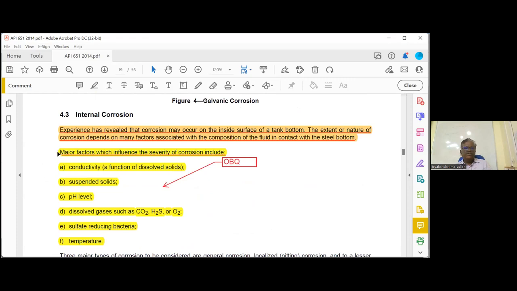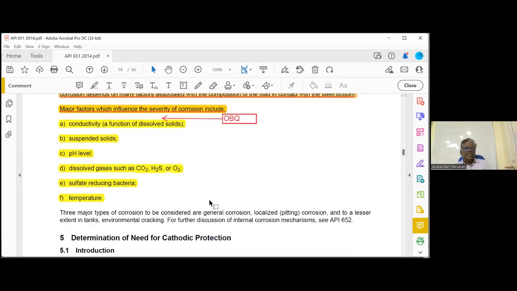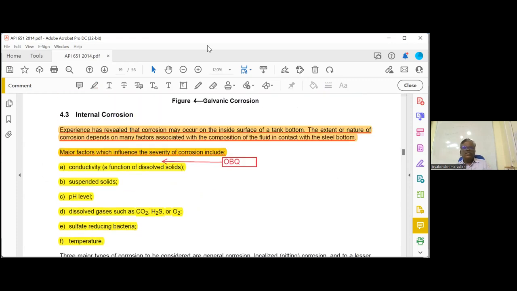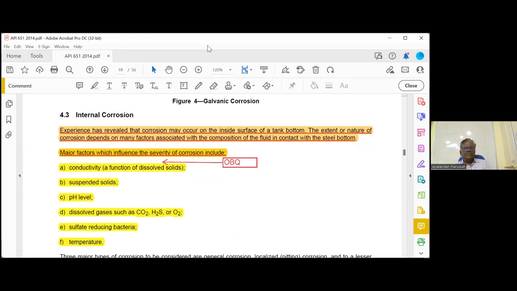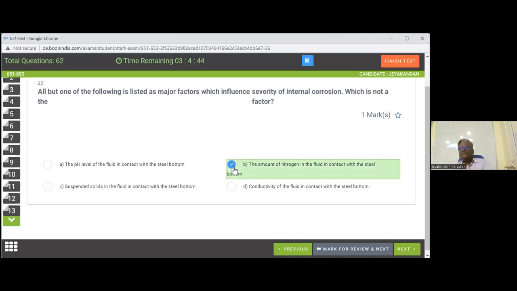Major factors influencing the corrosion include. That is an open book question. So what is given? Conductivity, suspended solids, pH level. There is no nitrogen here. Which is the amount of nitrogen? The amount of nitrogen in the fluid is B. There is no nitrogen here.